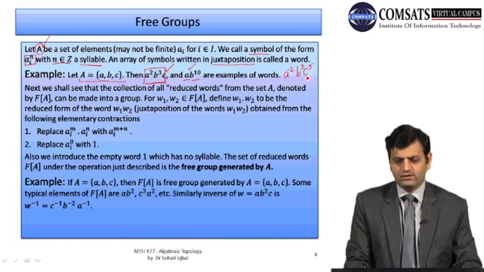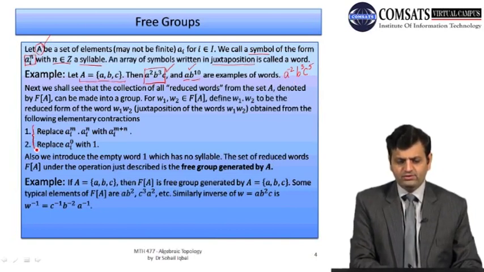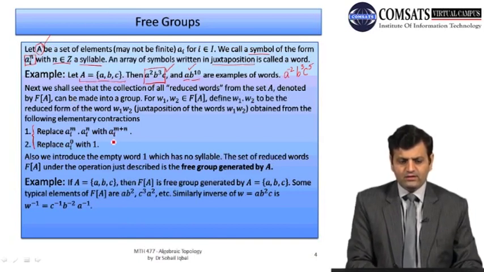Okay, so this is another word, and similarly we can write down other words, and if we apply these two rules for reducing the word, then the remaining elements will form the group. So how do we reduce the word?